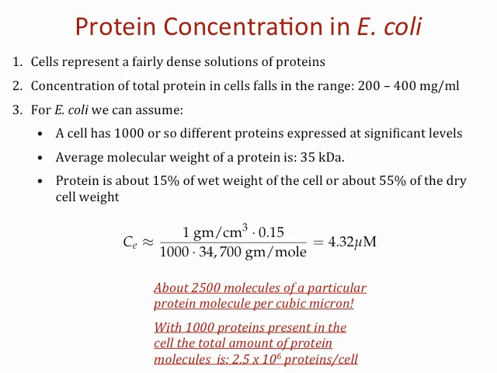If there are 1,000 different proteins present at 2,500 each in E. coli, you'll get a total number of protein molecules in E. coli of about 2.5 million. Remember, we estimated the ATPase earlier to be 3,500 copies per cell.